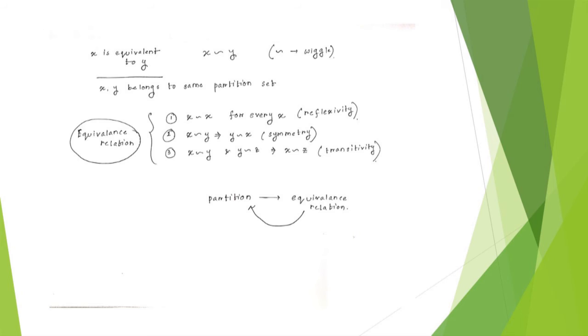That is, if we have an equivalence relation, can we get a partition? So we now reverse the situation and show that a given equivalence relation in X determines a natural partition of capital X.